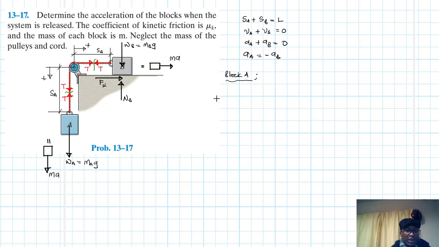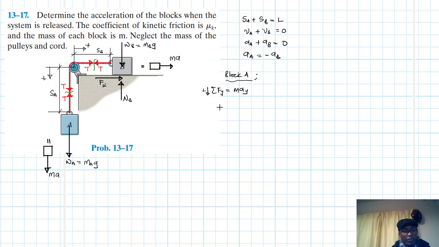So in that direction we are saying we have WA minus T equal to... This is the summation of forces in the y. So let me write this. We have summation of forces in the y equal to MAY, going down in our reference.